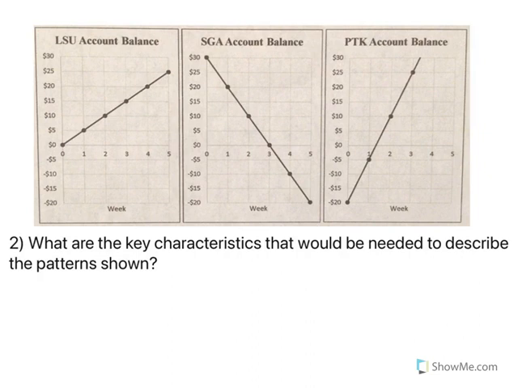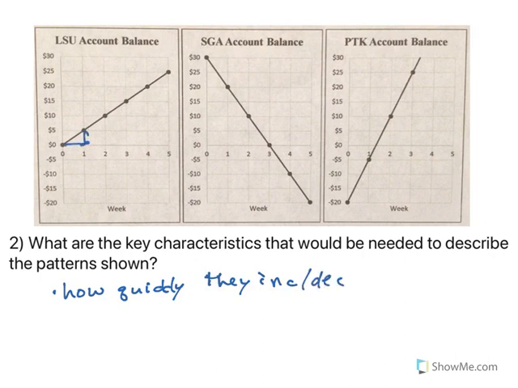So what are the key characteristics that would be needed to describe the pattern? Well, if the pattern is the constant change, we need to know how quickly they increase or decrease. Meaning, in 1 week, how much did it go up, or how much did it go down?